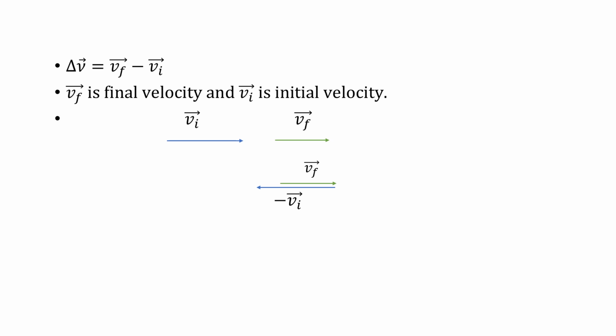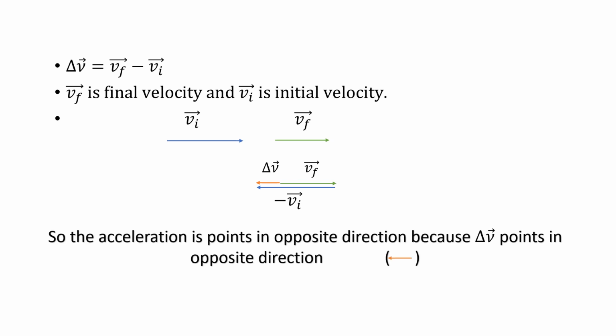Now using your tip-to-tail method, your resultant is going to be the vector that goes from where you began and ends at where you ended. Here's your delta V. Now notice the direction it points, which makes sense because you were slowing down. So the acceleration points in the opposite direction because delta V points in the opposite direction. Remember, acceleration equals your change in velocity over your change in time.